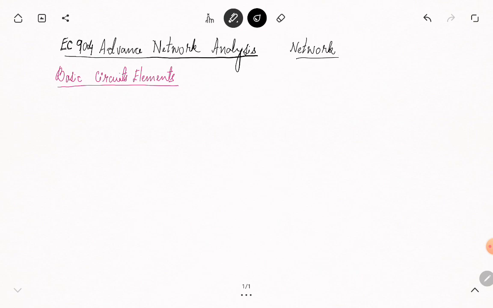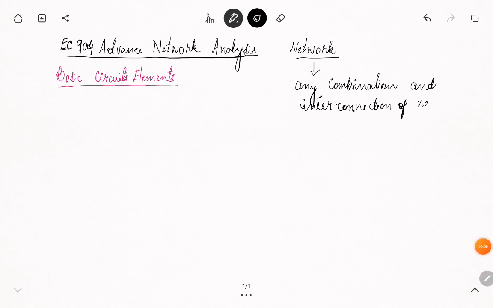Network can be defined as any combination or interconnection of network elements like resistors, capacitors, inductors, or electrical energy sources.